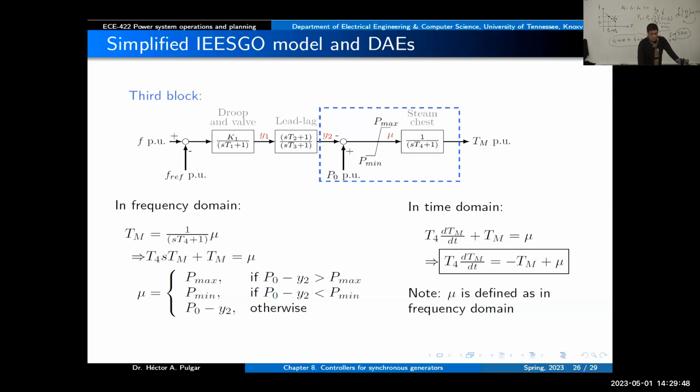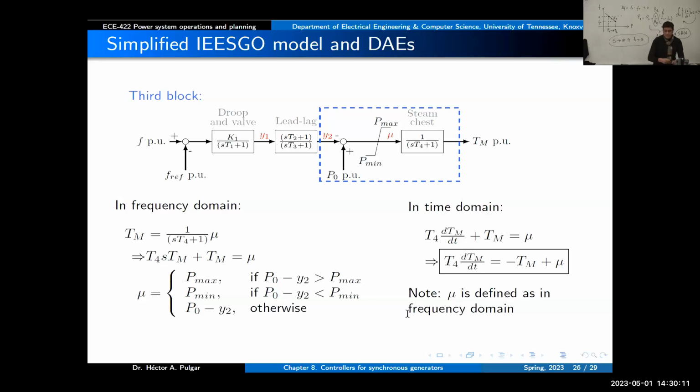In time domain, we take the Laplace inverse and get T4 multiplied by the derivative of Tm in time equal to negative Tm plus mu. And the description of mu in time domain will be exactly the same as in frequency domain.